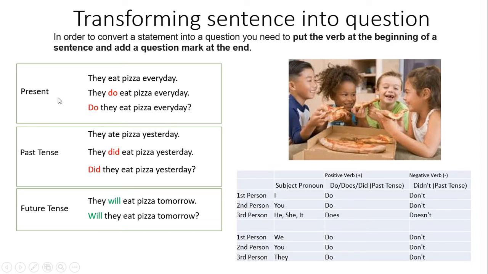In present form, they eat pizza every day. So we use the word they because we are referring to more than one person. So they refers to these children. So they is a third person plural.